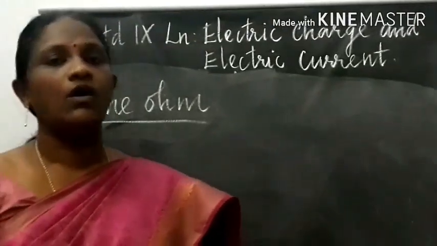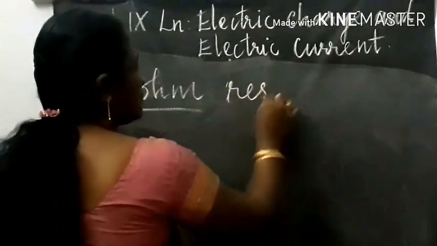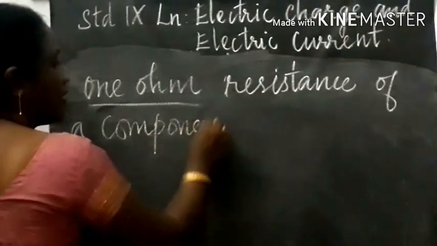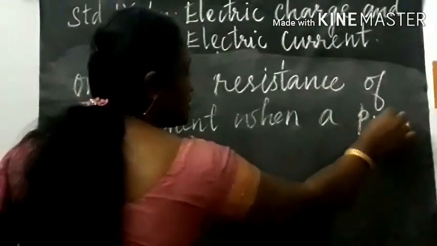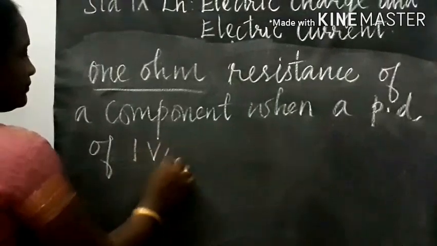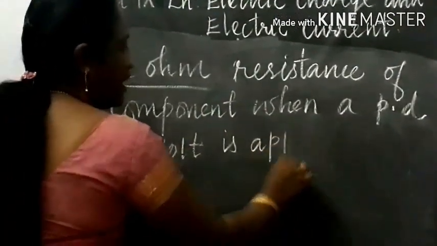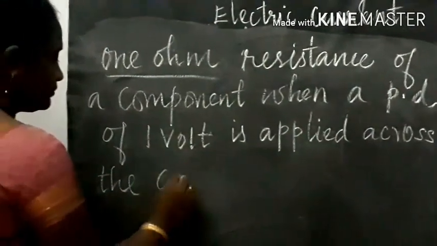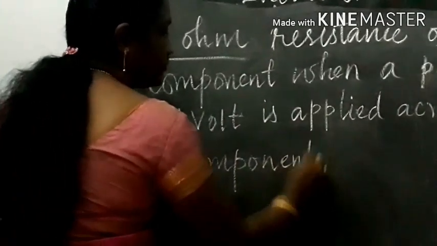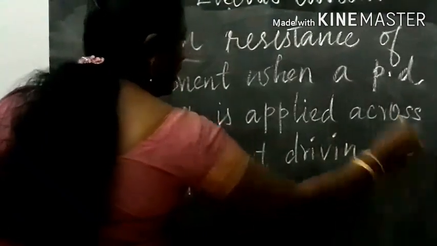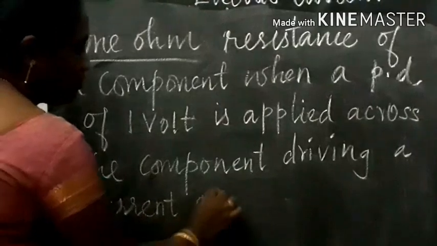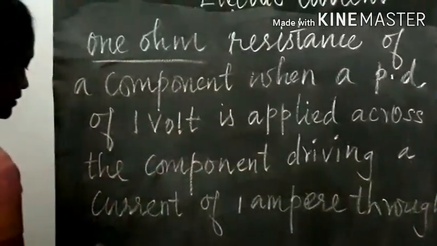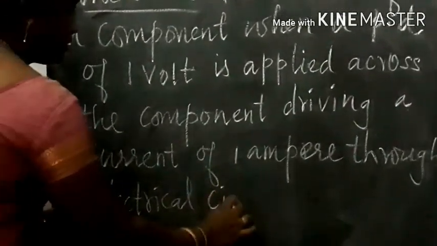Now let us define 1 ohm. 1 ohm is the resistance of a component when a potential difference of 1 volt is applied across the component, driving a current of 1 ampere through it or through the electrical circuit.